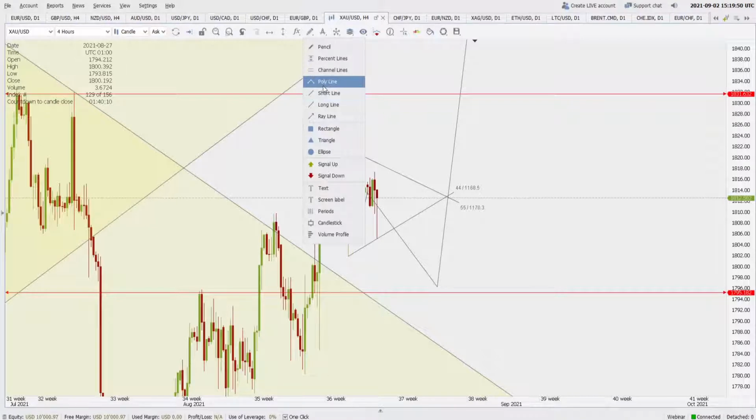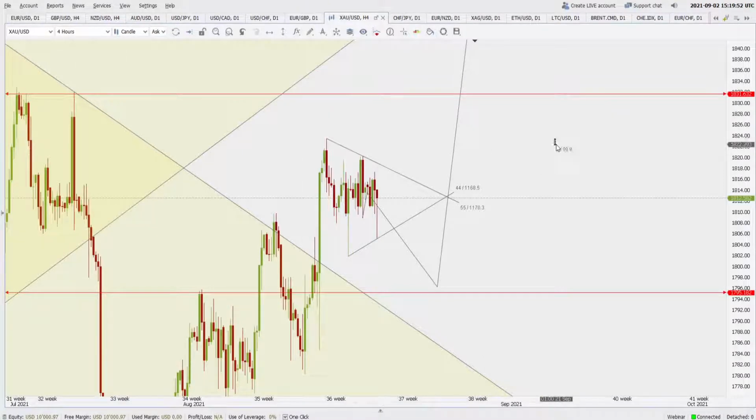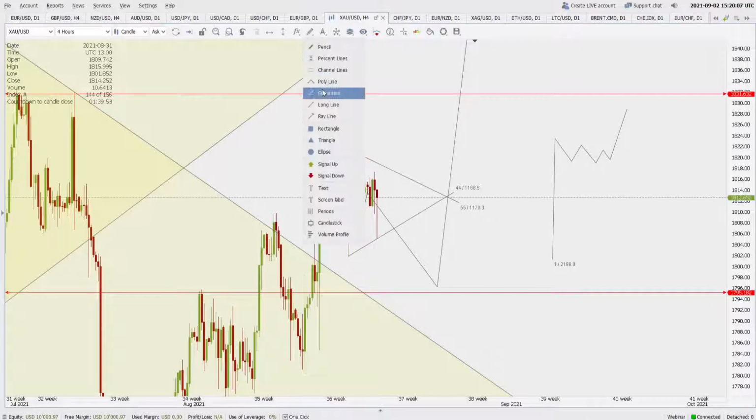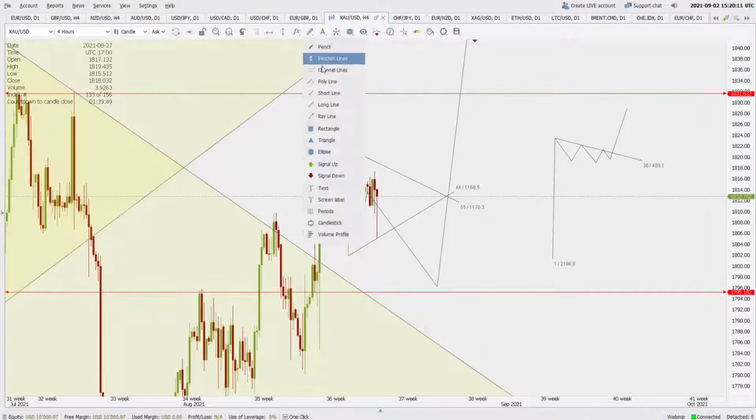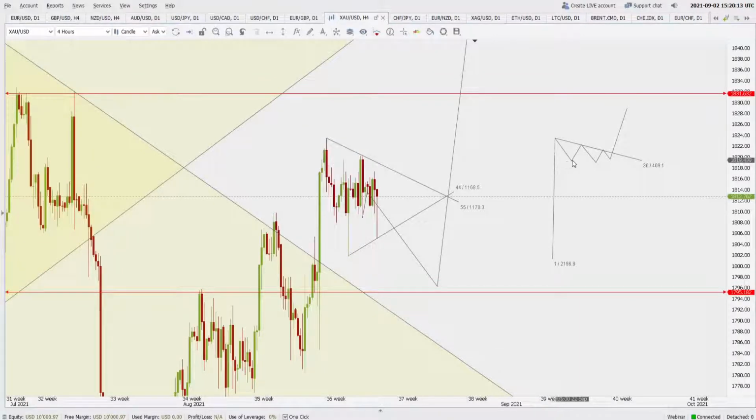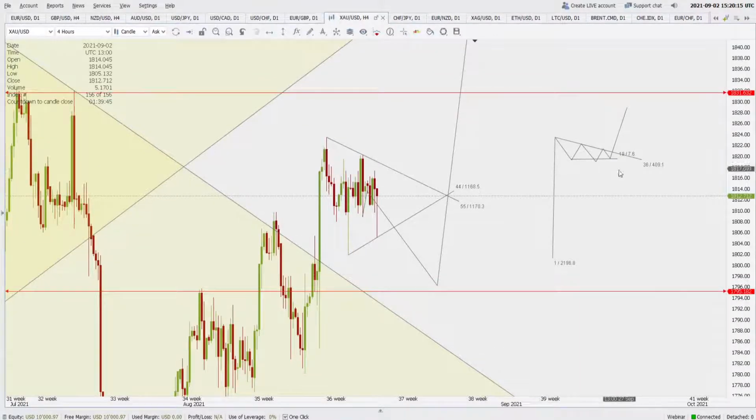If not, then understand, this is how a flag and a pennant form. The price goes straight upward, then it moves like this for a few moments, and then suddenly it starts going up. So what we have created right now are these short lines, and this is what we are expecting to happen.